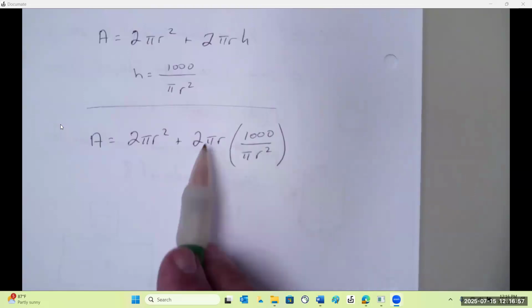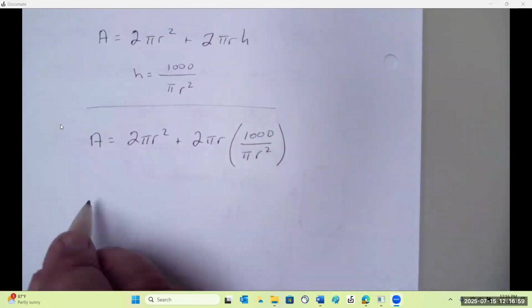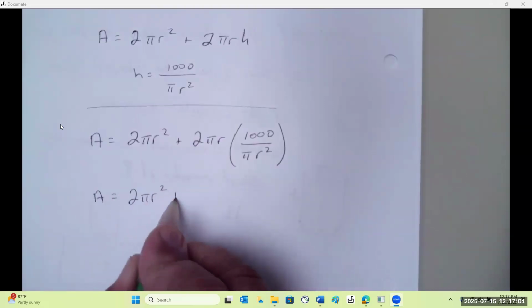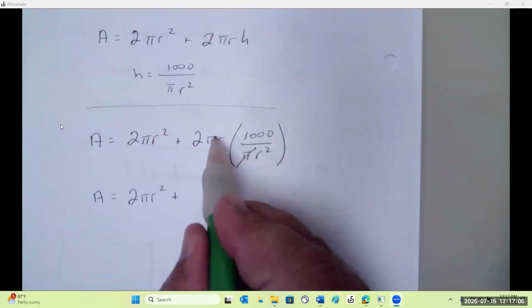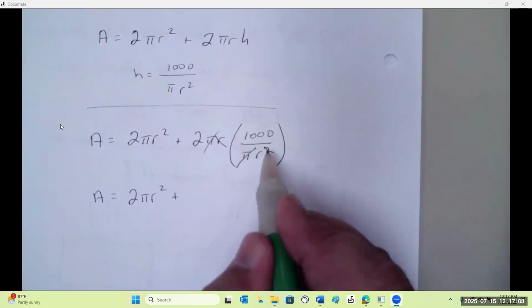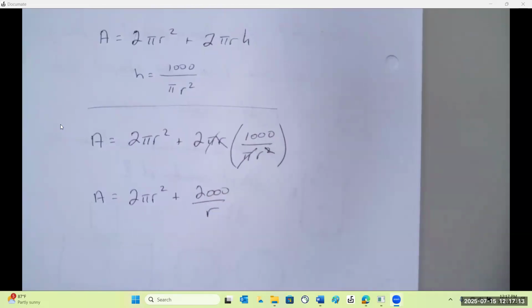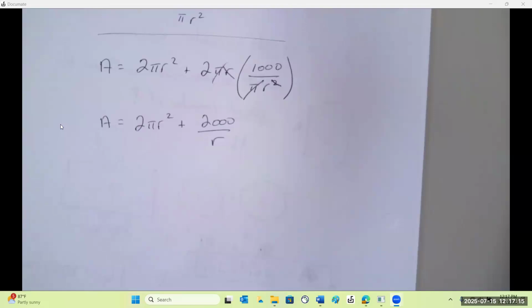Can we simplify this any? Yeah, the pi's gone. One of the R's is gone. So we have 2000 over R. So what's our objective now?